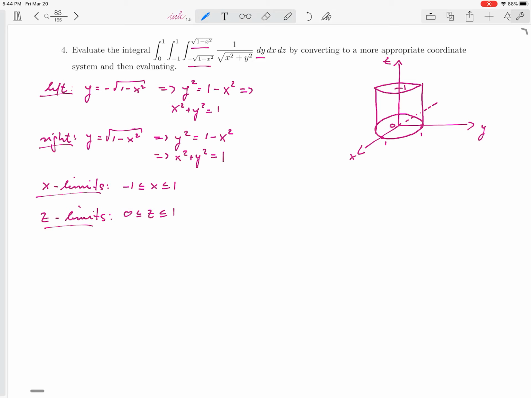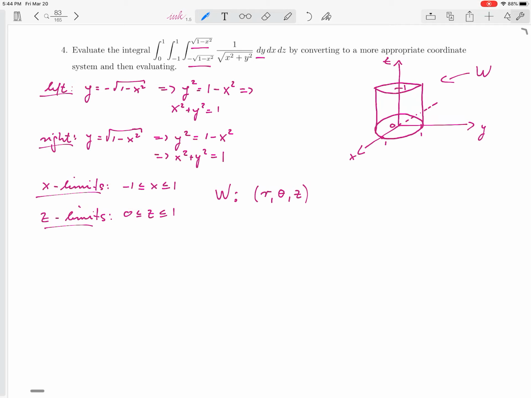Okay, so now we can describe this region W. So let's describe W in terms of a different coordinate system. And so W is our cylinder, and since this is a cylinder, it makes sense to use cylindrical coordinates. All right, cylindrical coordinates use r, theta, and z.